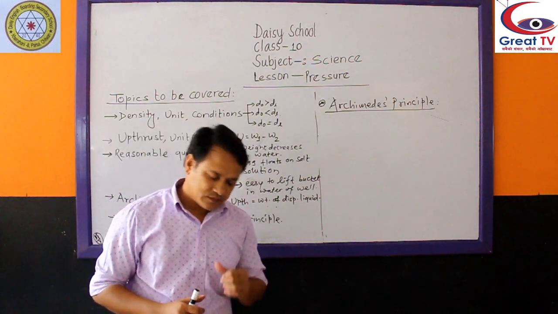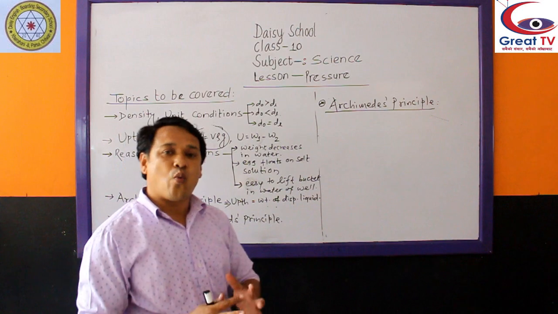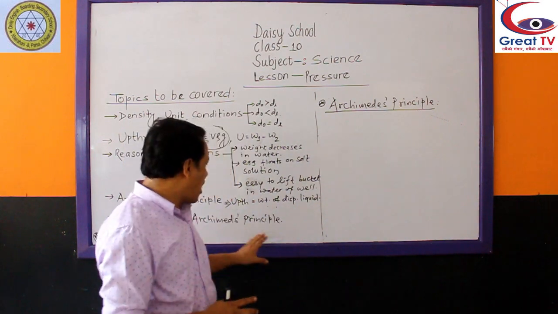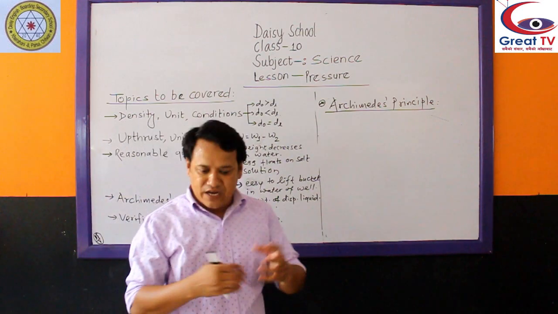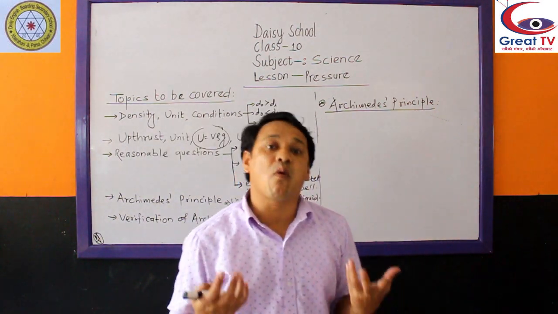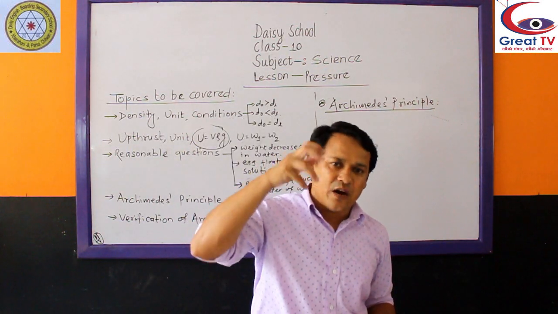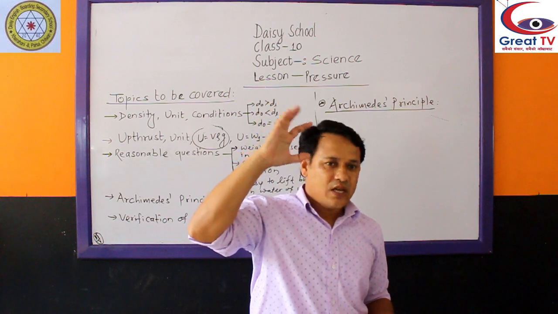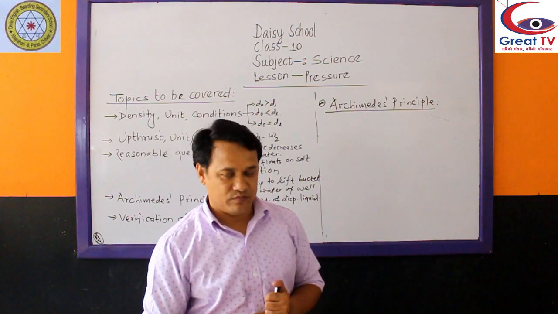Archimedes established one principle related with the upthrust and displaced liquid. You know, when we keep any object into the liquid, it displaces liquid equal to its own volume.